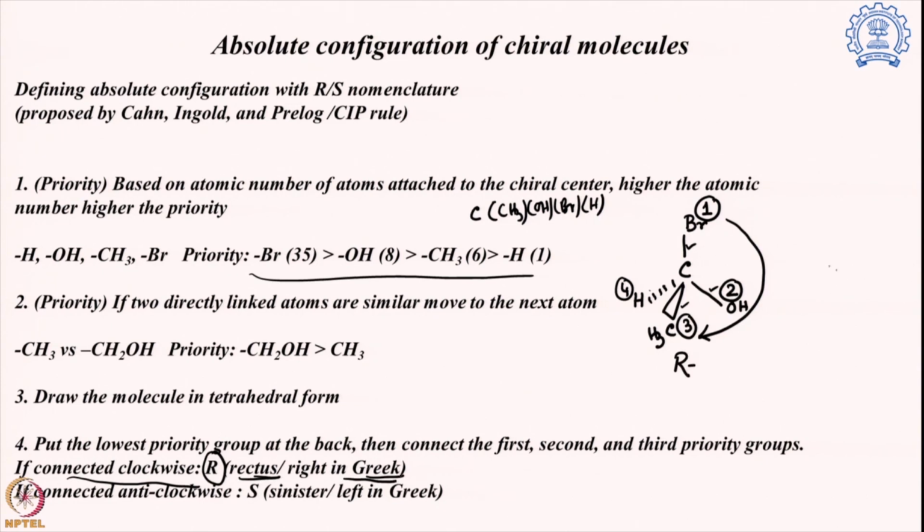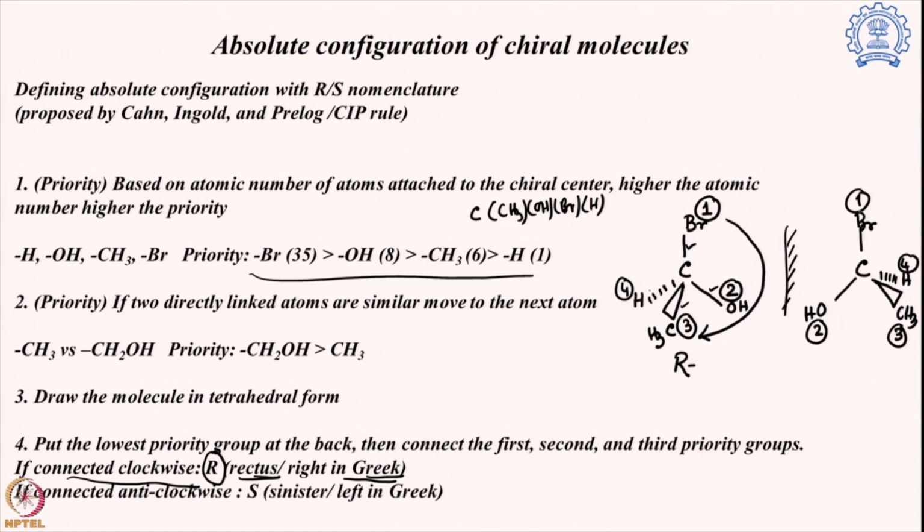Now if I draw the mirror image of this molecule, say the bromide, the OH now comes on this side, the CH3 on this side, and the hydrogen still remains on the back. Again, the prioritization is 1, 2 and 3 as per their atomic numbers, which are directly connected to the chiral carbon center.